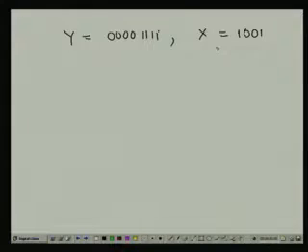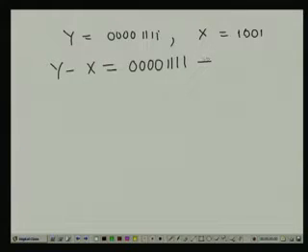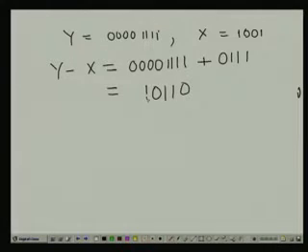Already we have seen that y minus x equals y plus 2's complement of x, means this is 0 1 1 0 plus 1, means 0 1 1 1. Now, if we add, it will be 0 1 1 1 1 0 and 1 0 0.